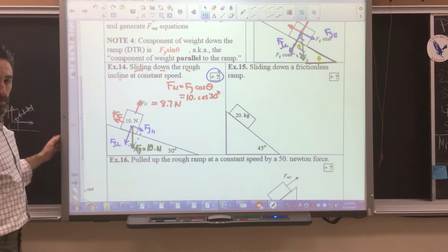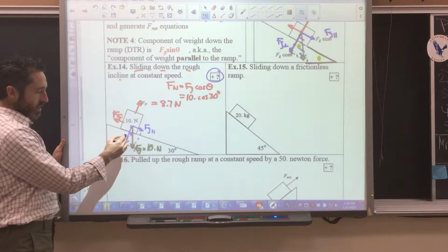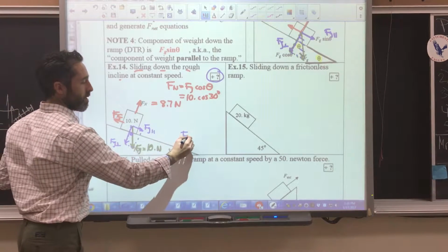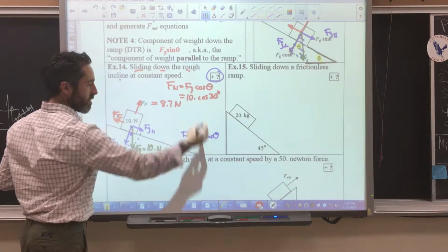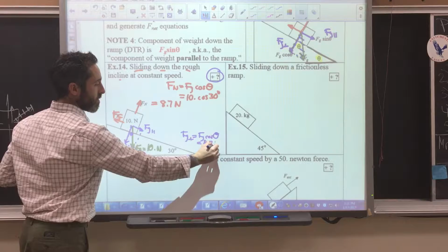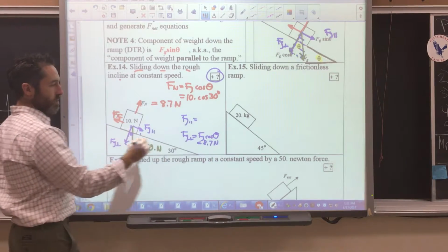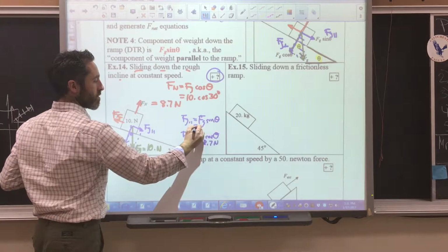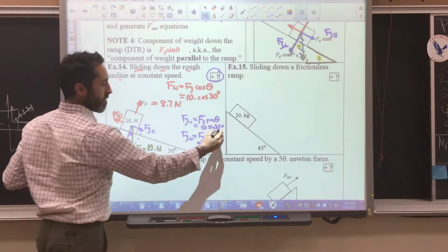Now, you can memorize them, or you can think of, there's that theta from before, the adjacent is the cosine, so FG perp is FG cosine theta, and we just did that up there, that came out to 8.7, and FG parallel is, that's the opposite, FG sine theta. And so that's 10 sine 30, and that comes out to 5 newtons.